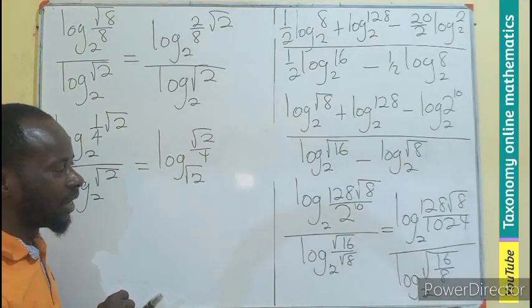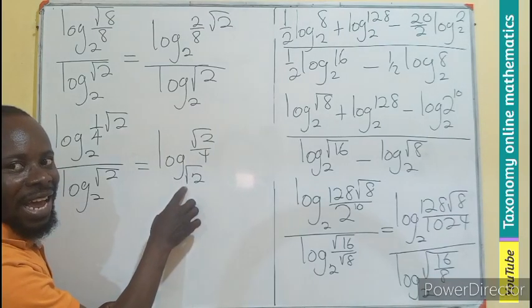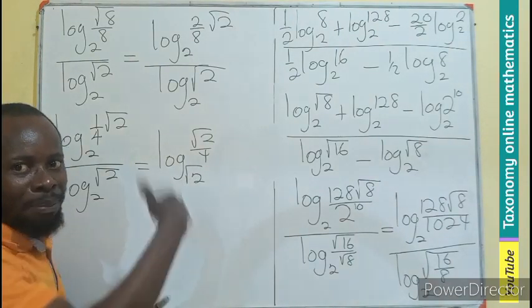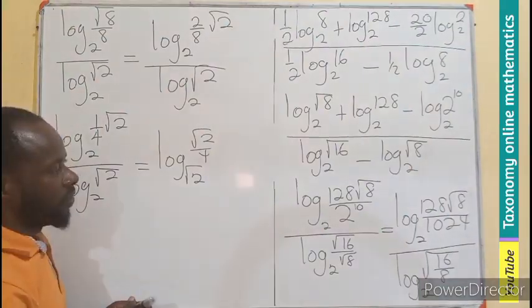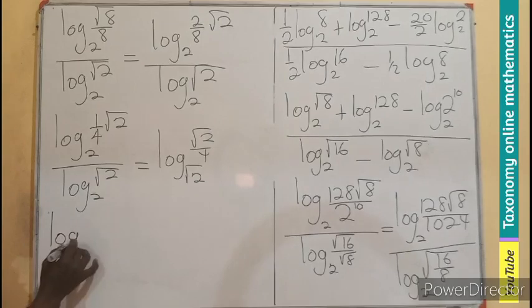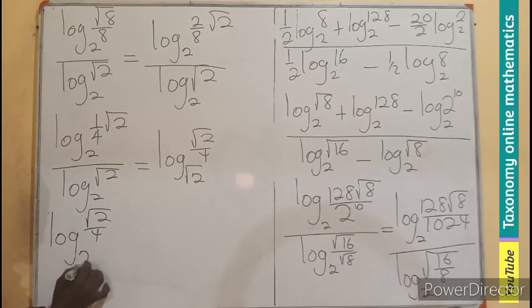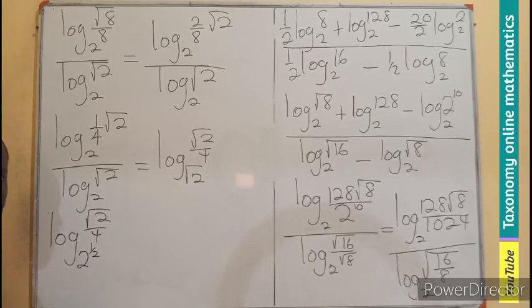Alright, if that is true, then we can move from here, changing the square root now to become a power of half, right? So if we are going to do that, I can write that as the log of root 2 out of 4, 2 as the base, exponent of half, right?